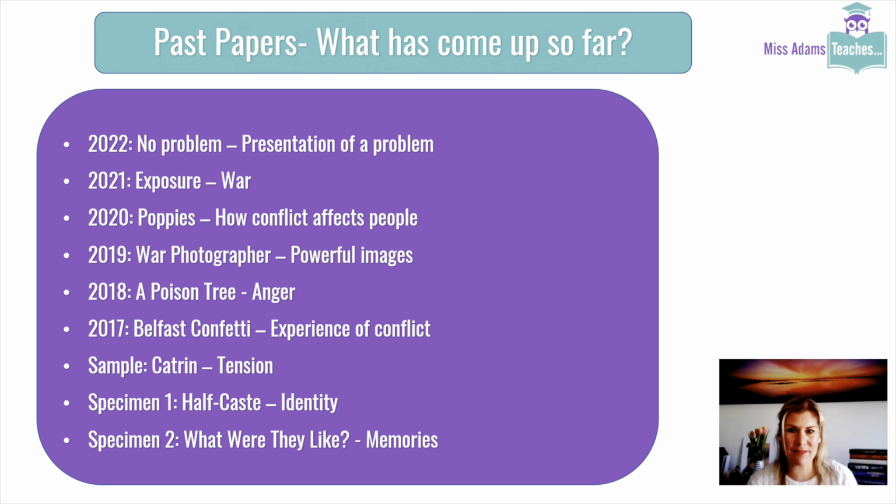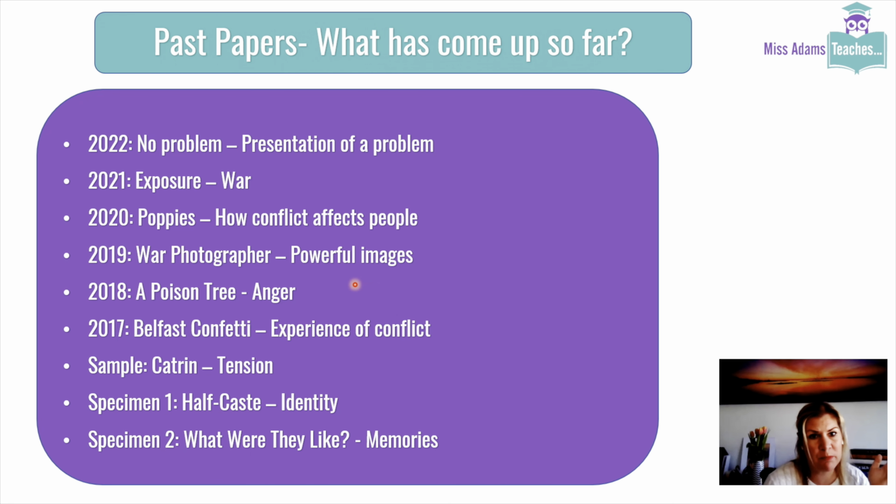Okay, so let's have a little look at what's come up on the most recent exams for Edexcel for the conflict collection. What you'll notice, particularly in the exam papers here, and the same down in the sample and specimens, is the vast majority of them are quite modern.